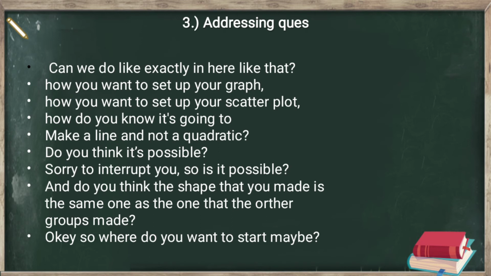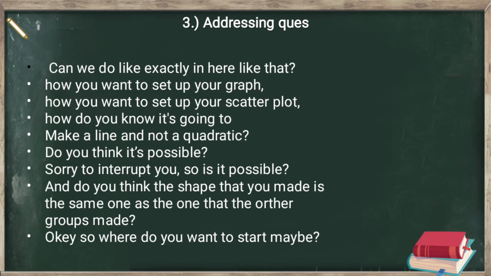Addressing questions. Can we do it exactly like that? How do you want to set up your graph? How do you want to set up your scatter plot? How do you know it's going to make a line and not a quadratic?